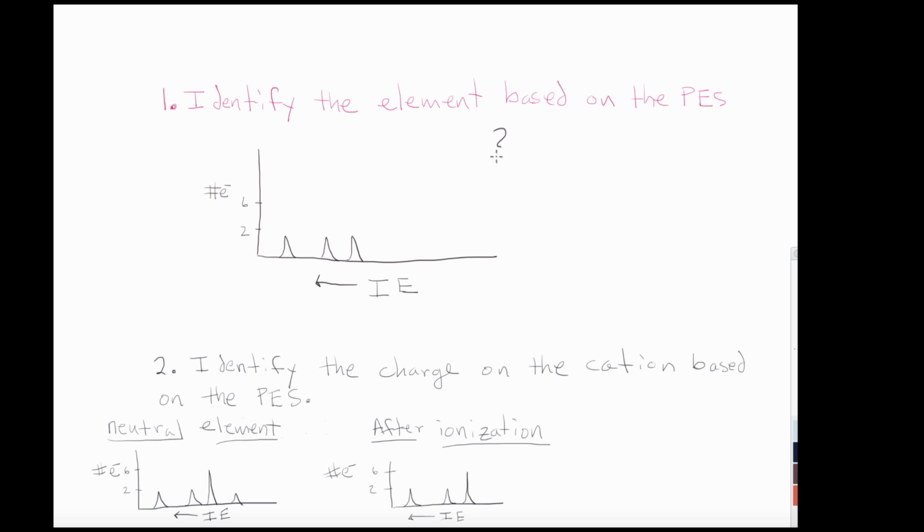I'll put a question mark and then element. Here we go. Question number 2. Identify the charge on the cation based on PES. You're given 2 PESs. You're given the PES of the neutral element shown here, and then you're given the PES after the ionization takes place. Good luck.